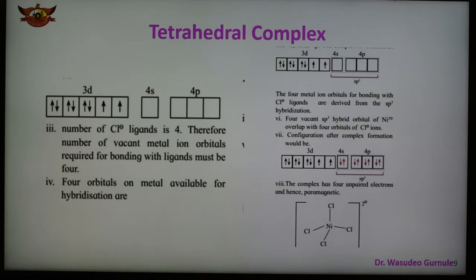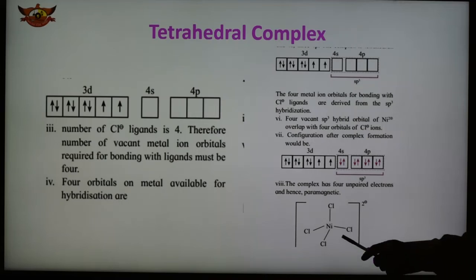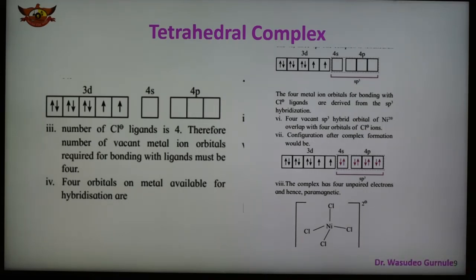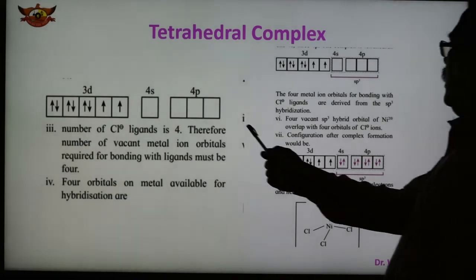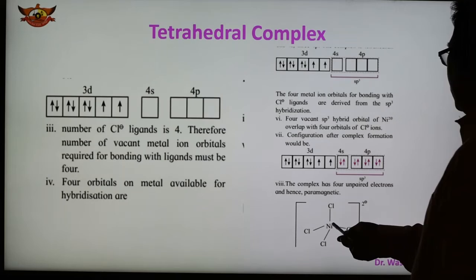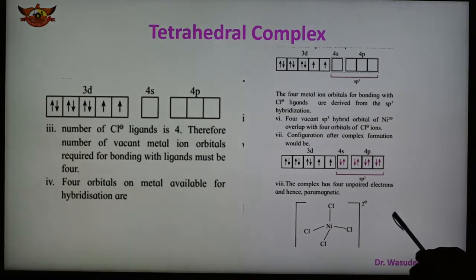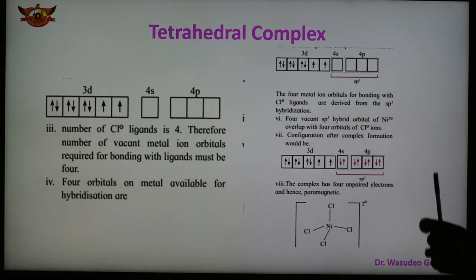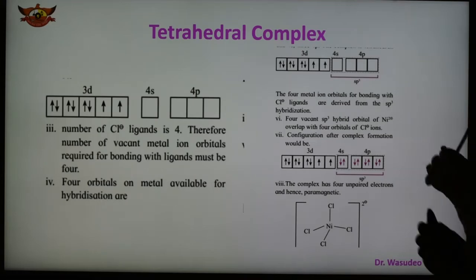Now next is the tetrahedral complex. In the case of a tetrahedral complex, the coordination number is 4 and the hybridization is sp3. Tetrahedral means sp3 hybridization. The example taken here is tetrachloronickelate 2 minus. Nickel has a 2 plus charge, and as we know, nickel has atomic number 28 and configuration 3d8 4s2.